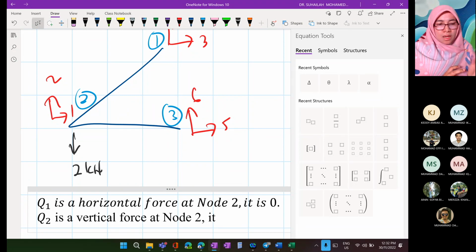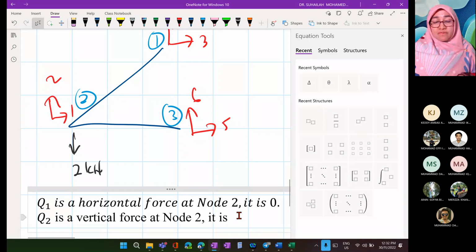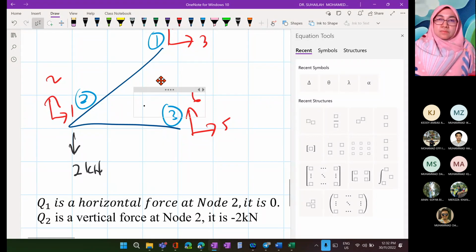Can you see the vertical force at node number 2? What is the value? 2 or negative 2? Negative 2. Okay, when it is opposite, it is negative. So what are Q3, Q4, Q5, Q6?